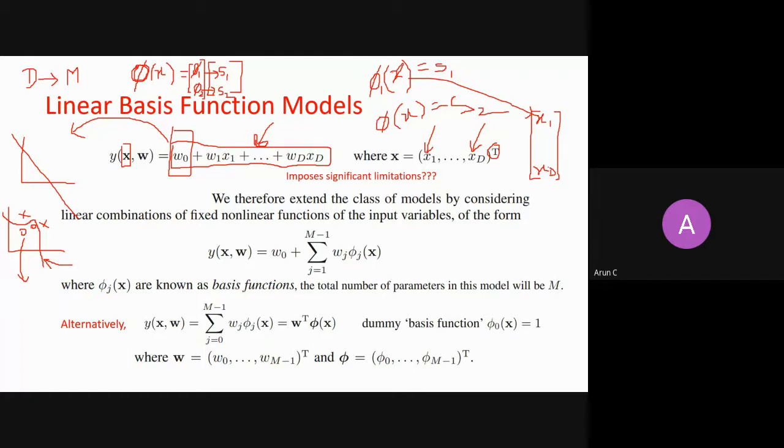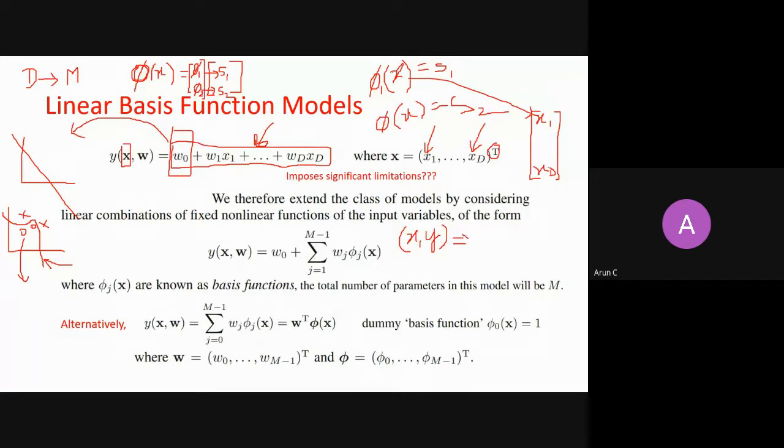For example, just to make it clear, you have used polynomial functions, right? So let's say in the data set you have x comma y. Here x is univariate. Just to make clear what you have done in your previous classes: x is univariate.